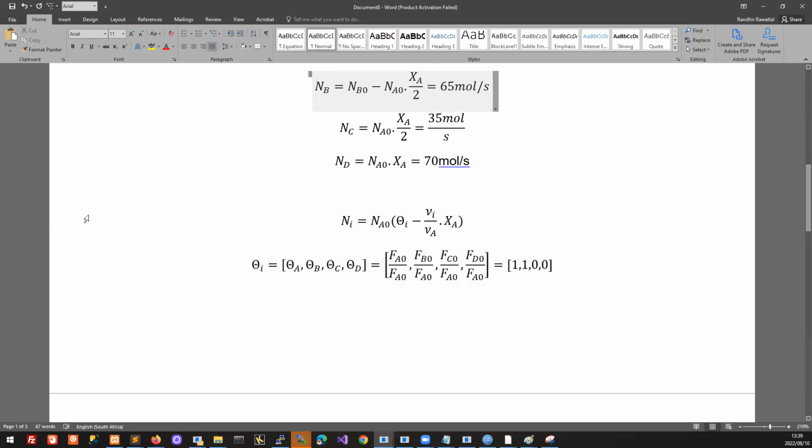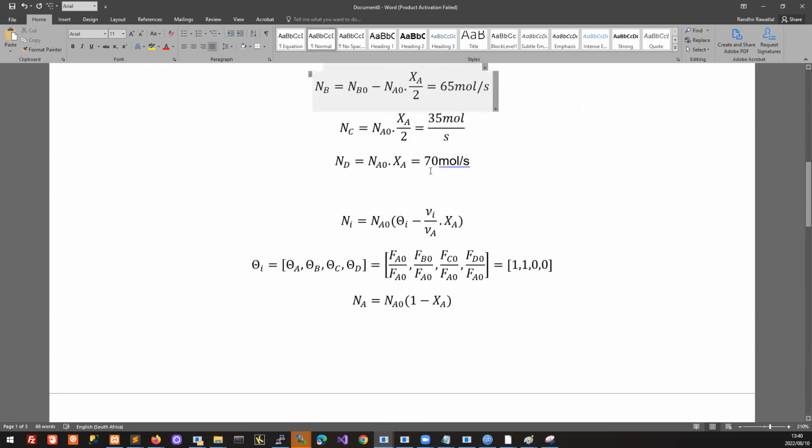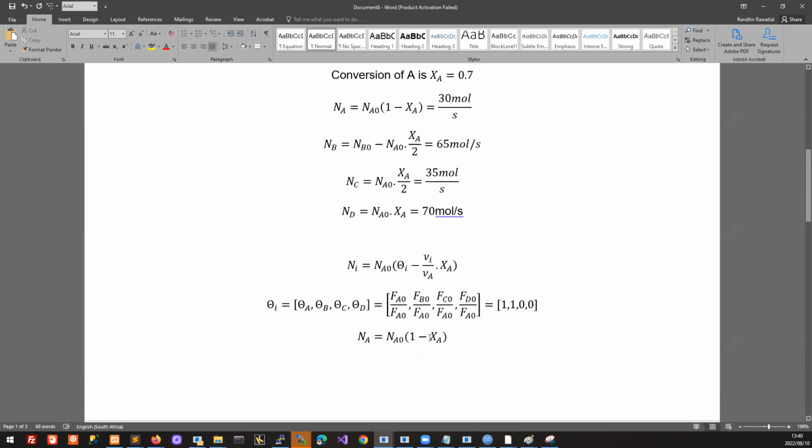Okay. So we can work this out. We can use the general formula and say NA and then NA0. So beta A is a 1. And then you've got nu A over nu A, which is also a 1. And you've got XA. So there we do get the expression that we expect for NA. And then for NB, let's use the formula again.